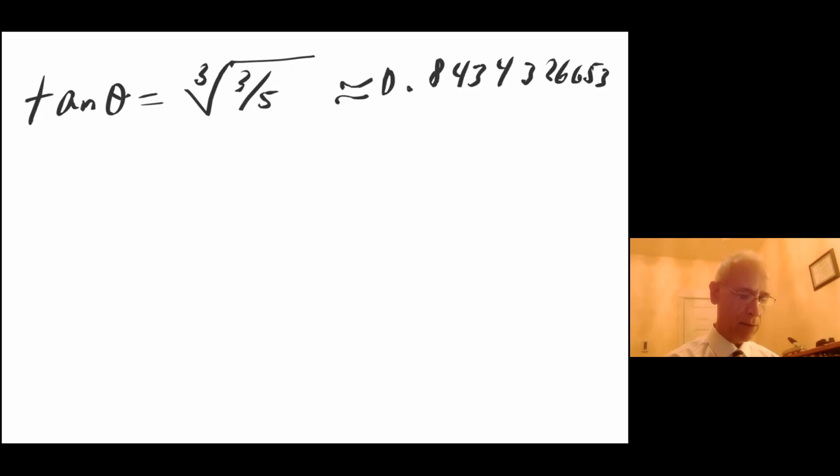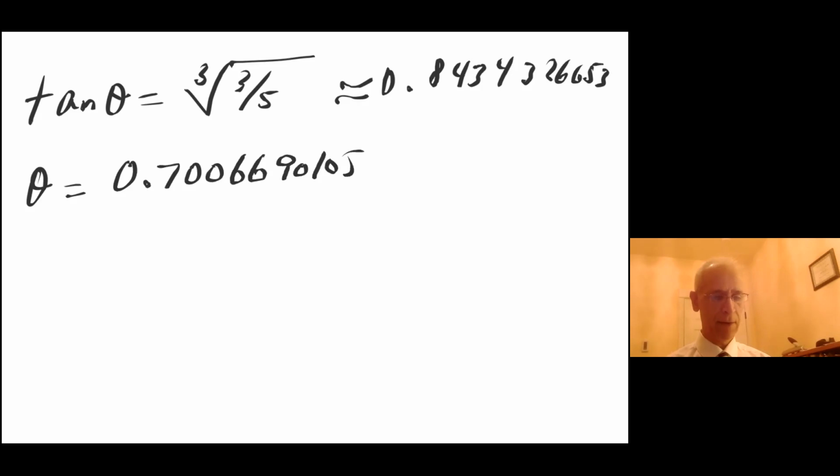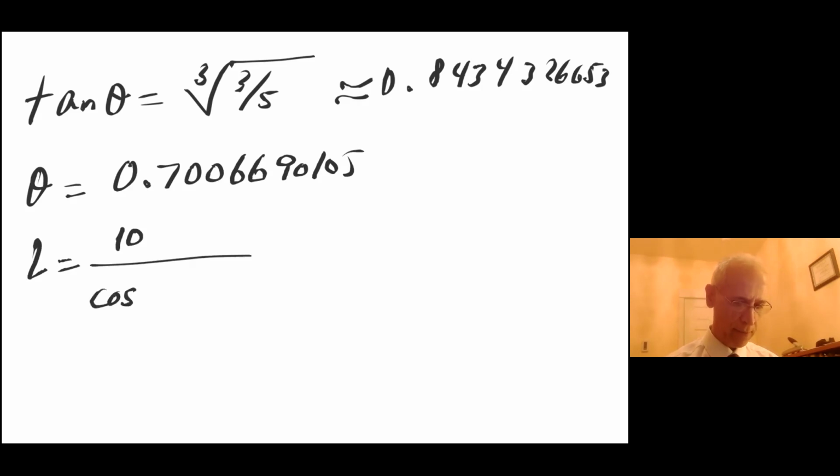Theta equals the tangent inverse of that, and plugging it in my calculator, I get 0.70066690105. And remember that we said the length equals 10 over cosine of theta, which is cosine of 0.70066690105.